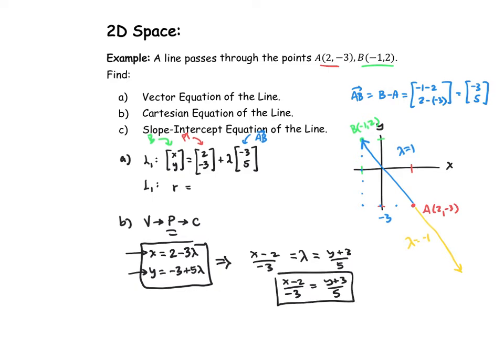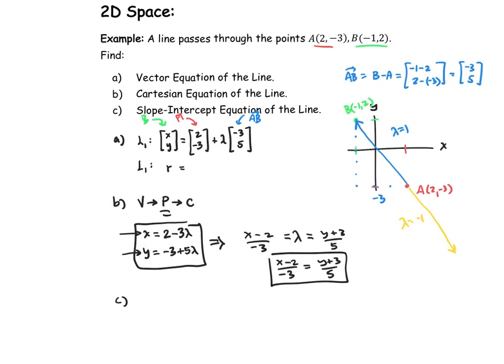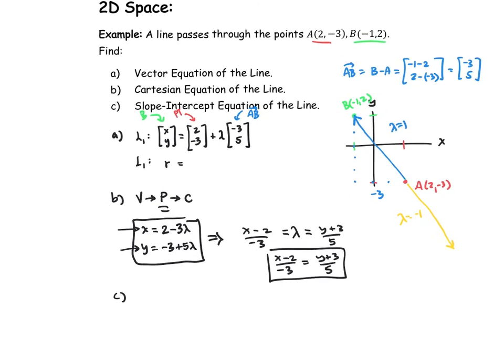Let's look at part C real quick, which is interesting, which applies to everything we've now looked at. Part C says, come up with the slope-intercept equation of this particular line. Well, in order to come up with the slope-intercept form, what I need is two things. I need the slope.